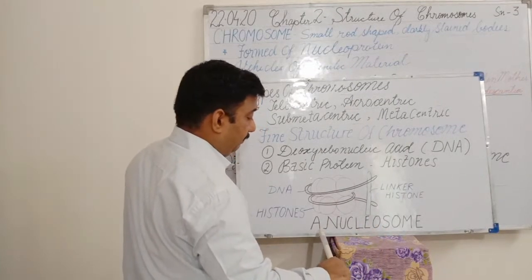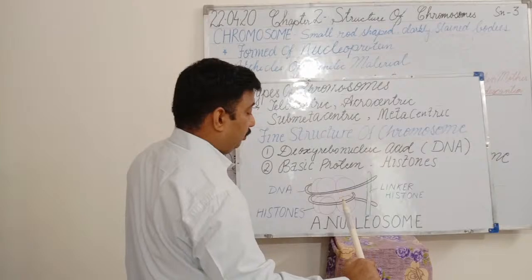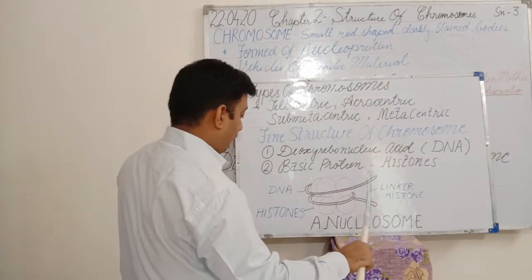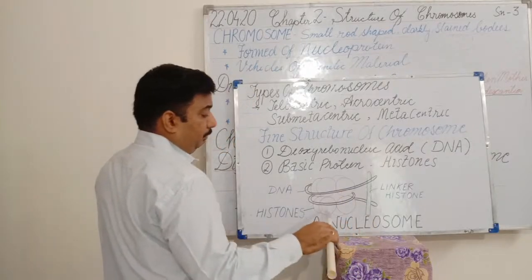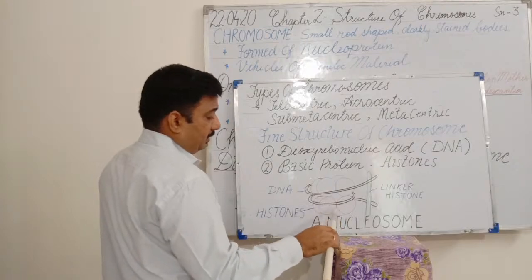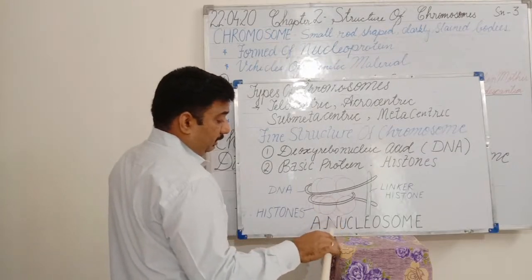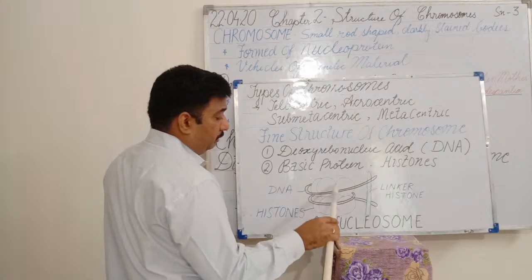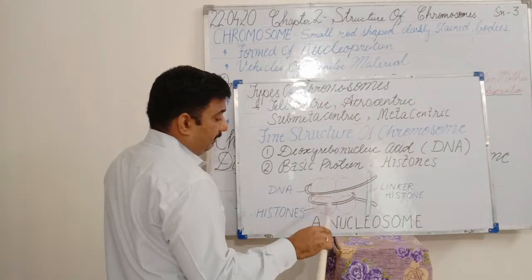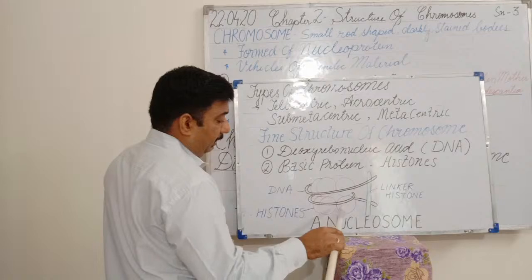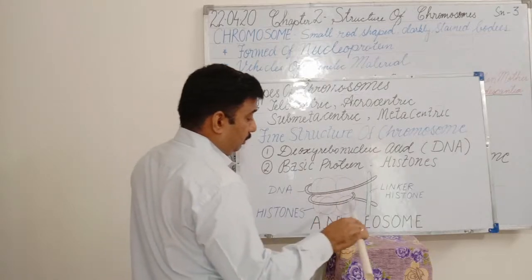This is a typical structure of a nucleosome, how it will look. We will find here histone proteins which are represented by red circles. If you count 1, 2, 3, 4, 5, 6, 7, 8, 4 at the back and 4 in the front, 8 molecules of histones.